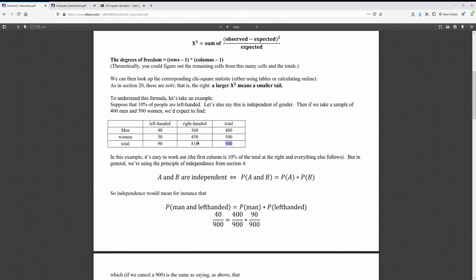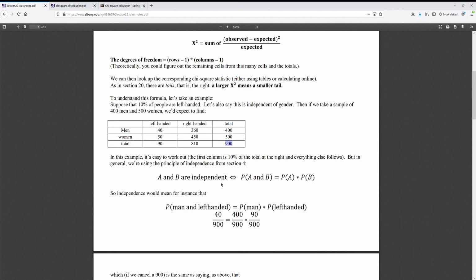So you see, cell divided by corner total is the probability that you pick one of these, or if you prefer, the proportion of what you've got that is one of these. It's the same thing, right? So the probability that you're a man and left-handed is 40 out of 900.